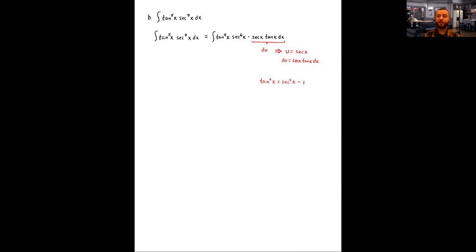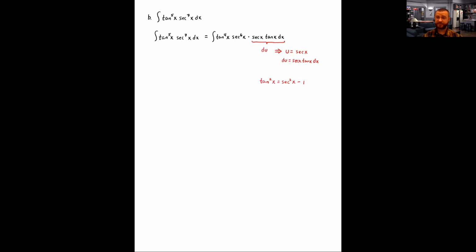The standard version for the second Pythagorean identity is 1 plus tangent squared equals secant squared. We need to solve that for tangent squared in terms of secant squared. So subtract the 1 to the other side, like we have here, to arrive at tangent squared equals secant squared minus 1.